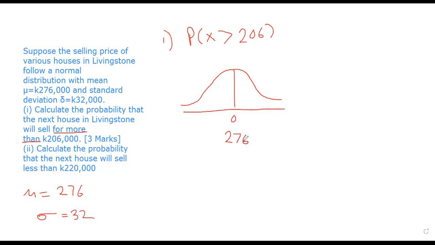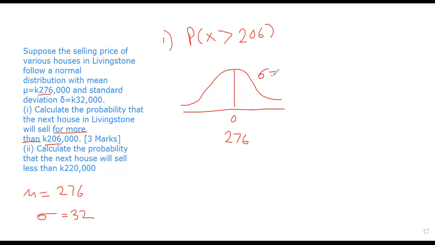The mean is 276, but here we're being asked the probability for the value 206. What is the probability that it will be greater? Okay. So this is the value we're grading it against. So 206, where are we going to put the 206? On the left of 276 or on the right of 276?